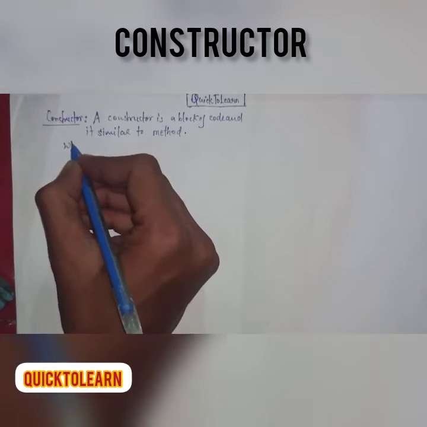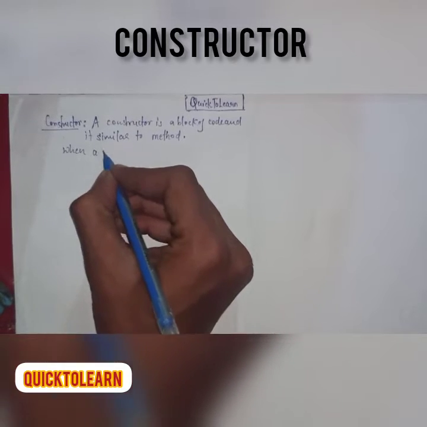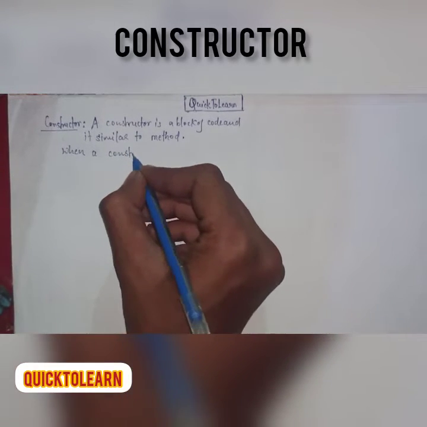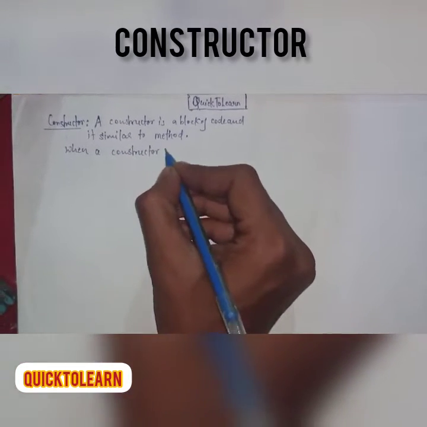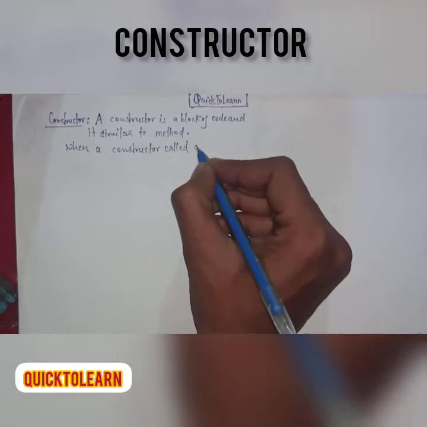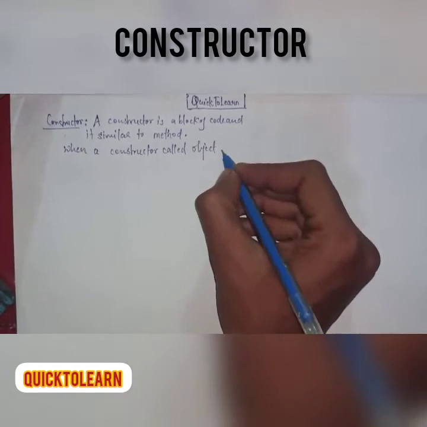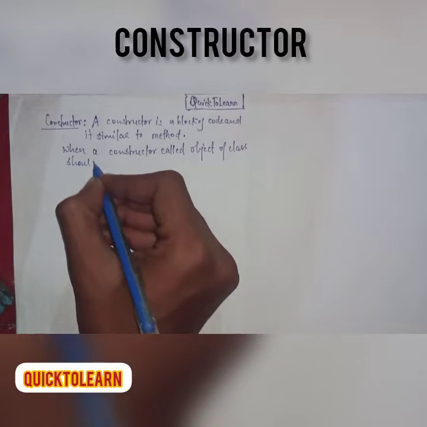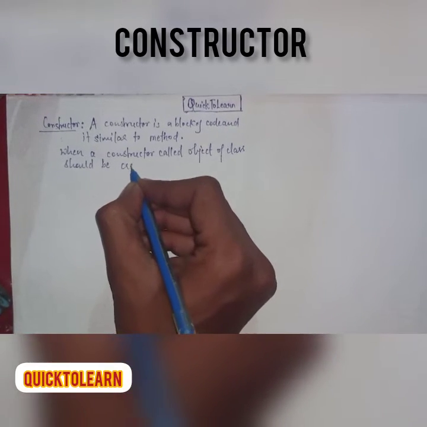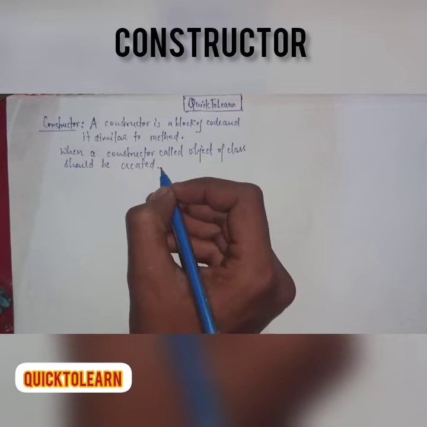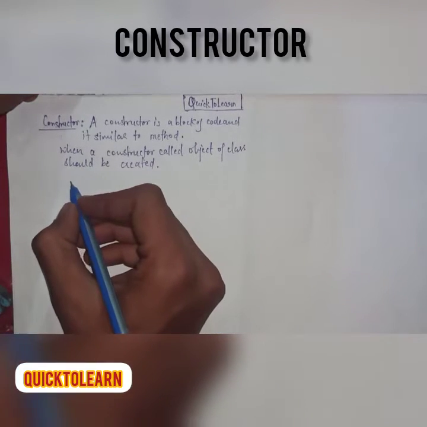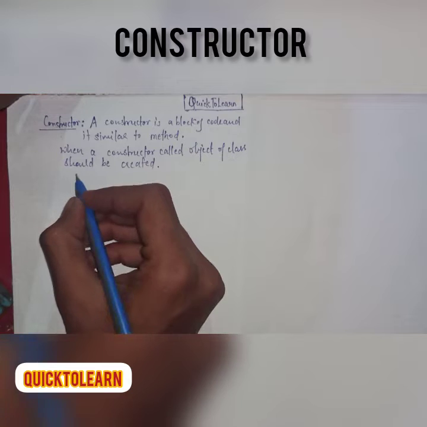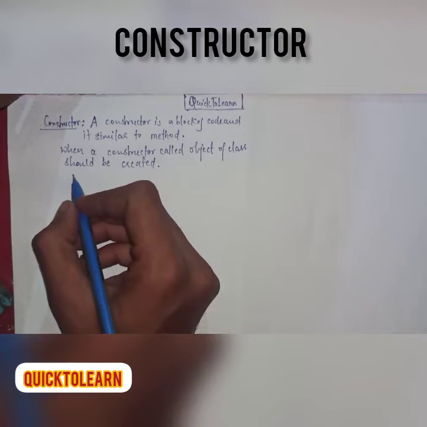When a constructor is called, an object of the class should be created. At the time of calling the constructor, memory should be allocated in the memory segments.